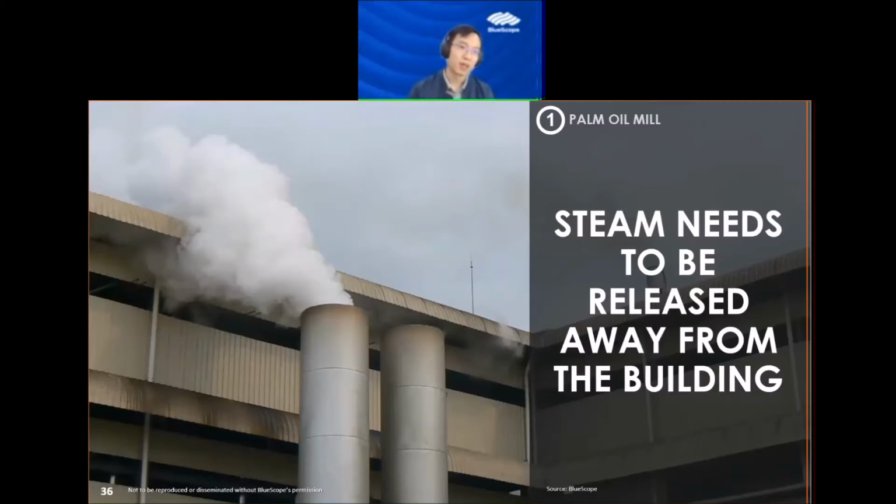Because of wind direction, the steam got blown back to the building, and as you can see, it actually went under the roof as well. So the height of the chimney as well as its distance from the building is also crucial, depending on the environment.